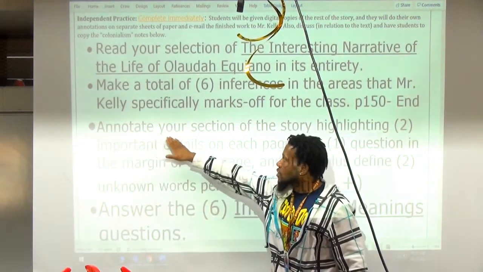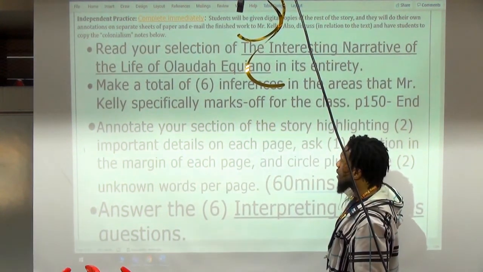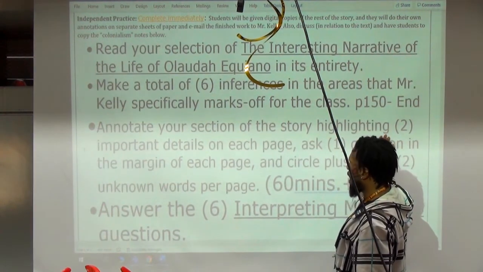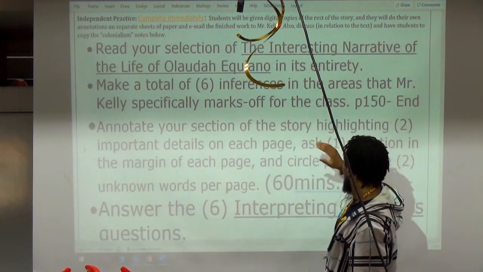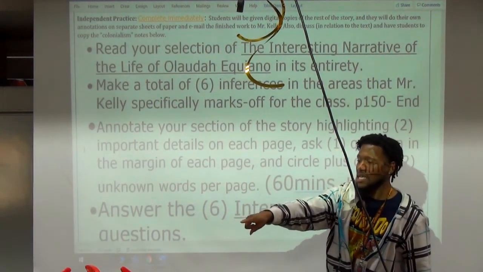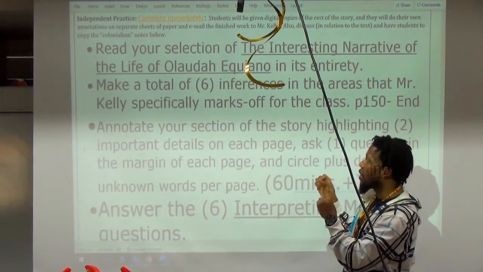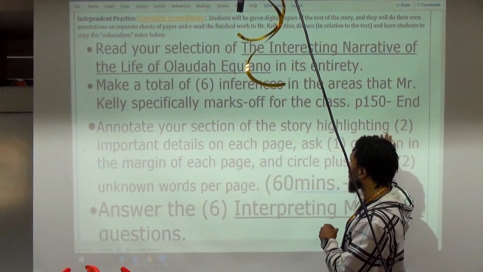Then you're going to annotate your section of the story. When I say highlighting, that was if I were to give you your own copy of it. But what you're going to do is use the annotating inference independent box, because you're going to create one just like it, but for your independent practice.